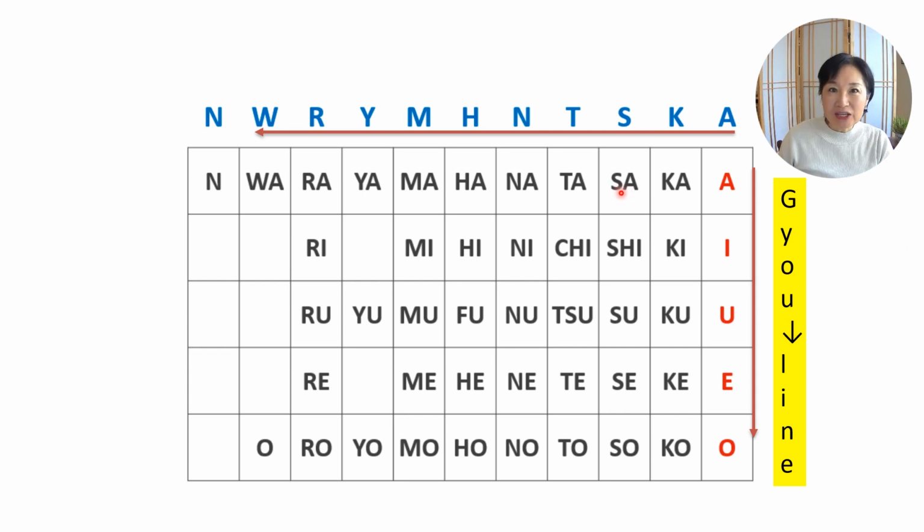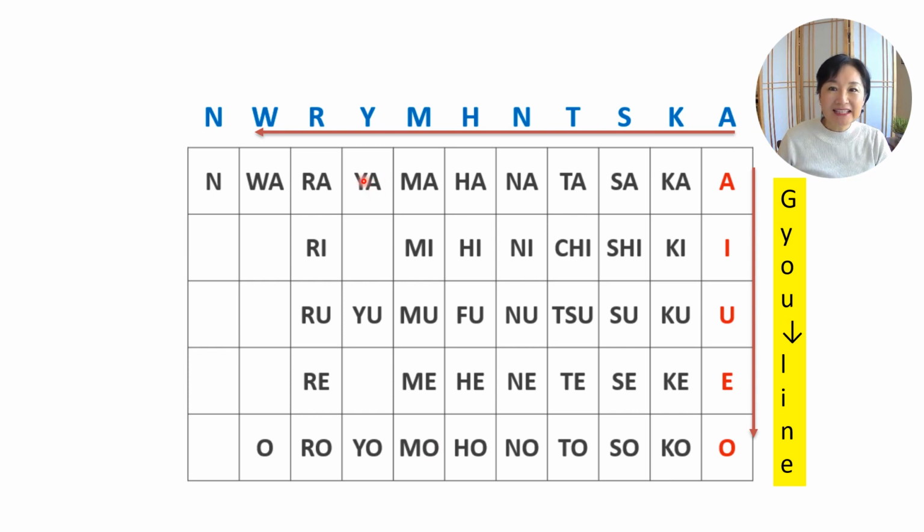Let's do sagyo. Sa, shi, su, se, so. Tagyo. Ta, chi, tsu, te, to. Nagyo. Na, ni, nu, ne, no. Hagyo. Ha, hi, fu, he, ho. Magyo. Ma, mi, mu, me, mo.